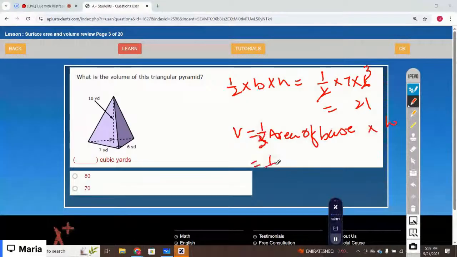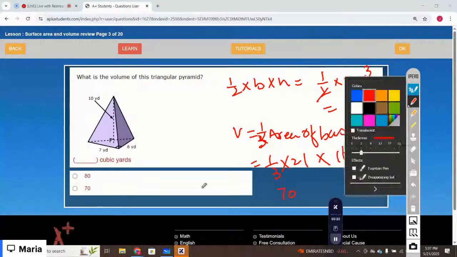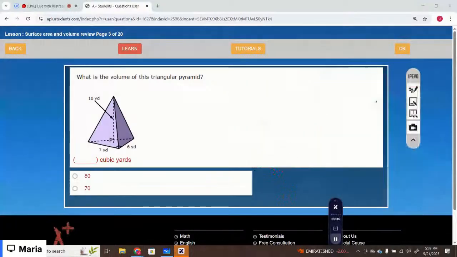So that is 1 by 3 times 21 times 10. That is 70. Option number 2 is the correct option, that is 70.